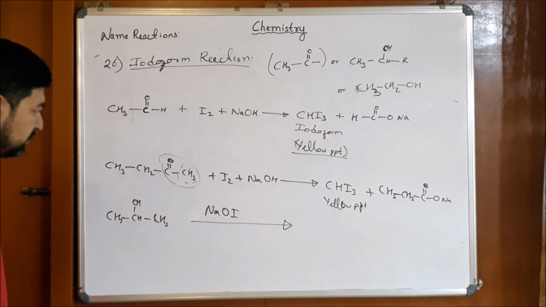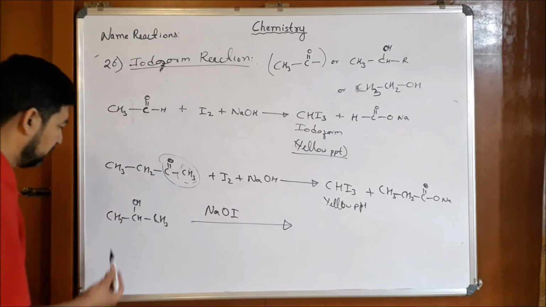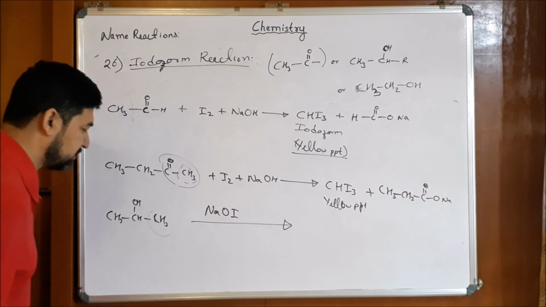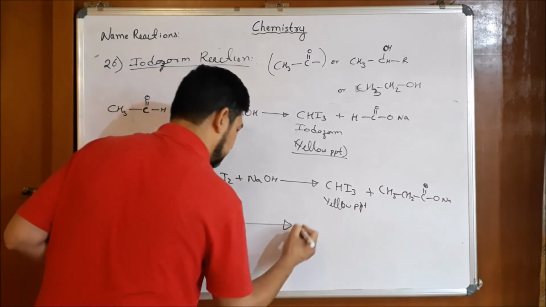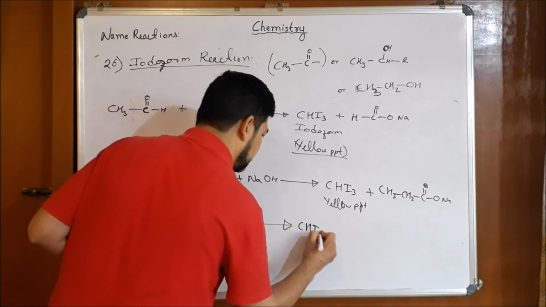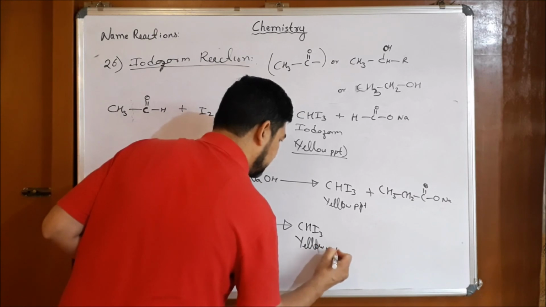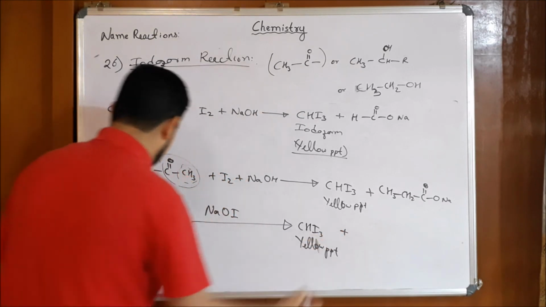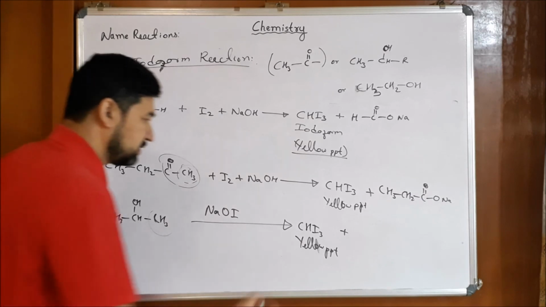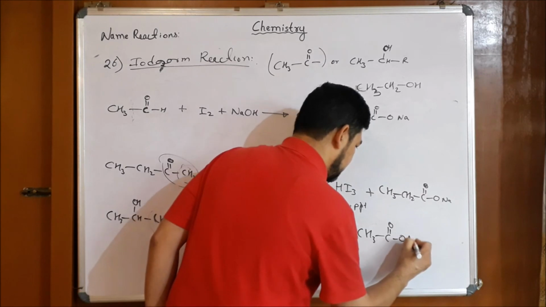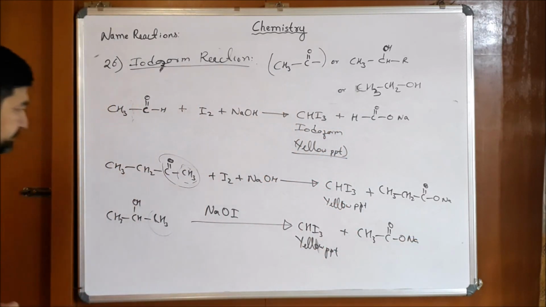Here also you can choose either CH3 side. If I choose this as the iodoform, CHI3, remember yellow precipitate, then the remaining compound, starting from this side, is CH3COONa. So this is known as your iodoform reaction.